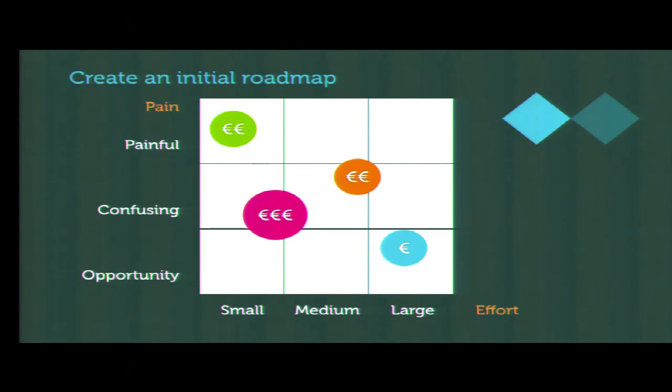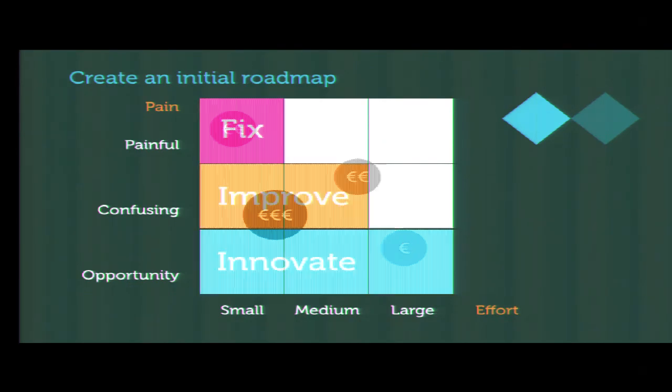So if you map the potential projects in this way, you can then say, okay, where there's small effort needed to fix real pain, we have quick wins. We need to improve the confusing bits, and the opportunities are the innovative efforts we can do.